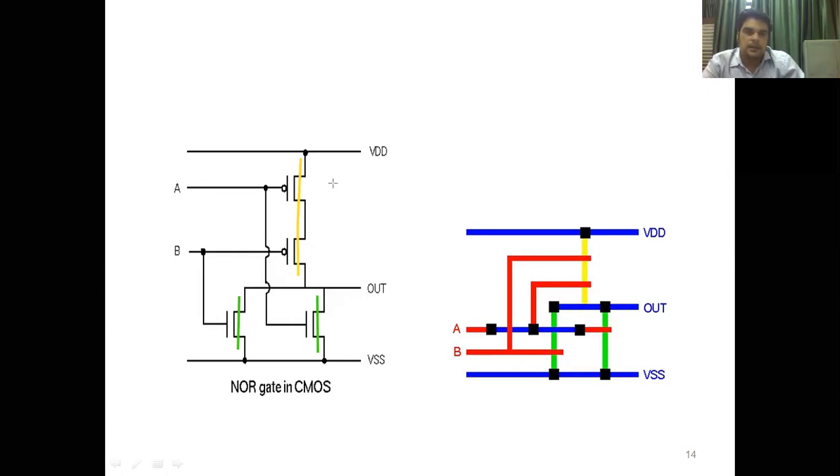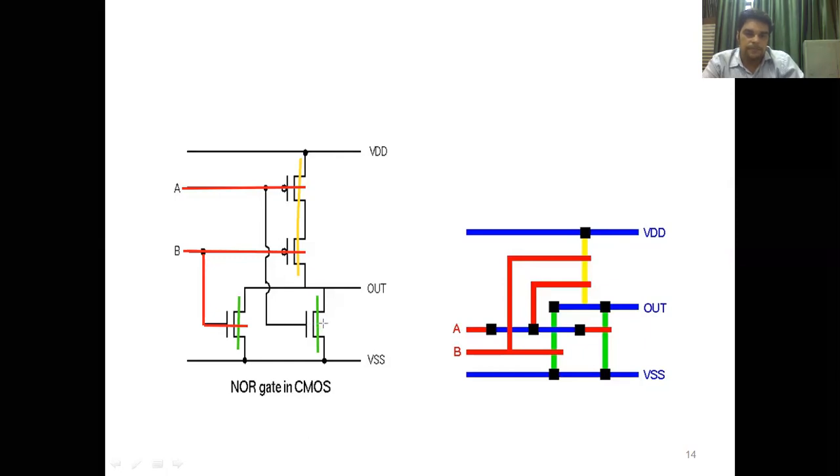Now let's draw the polysilicon gates. So here we are representing a polysilicon gate. Again here we are representing the polysilicon gate. And again here I am representing this polysilicon gate, and let's say I am connecting it with the same polysilicon gate.